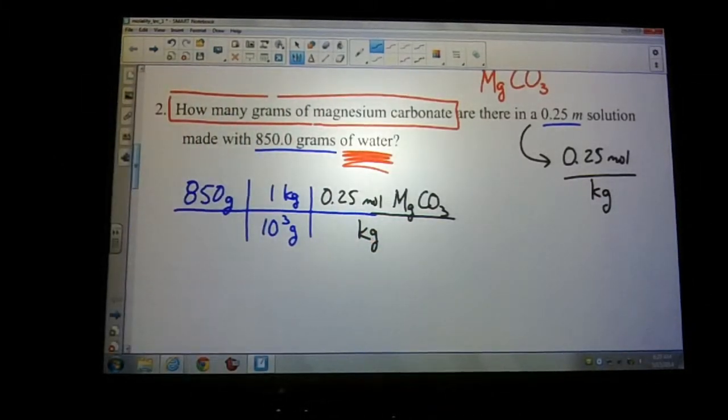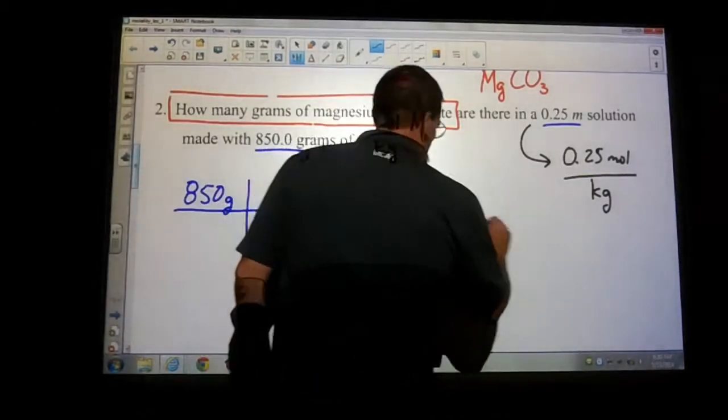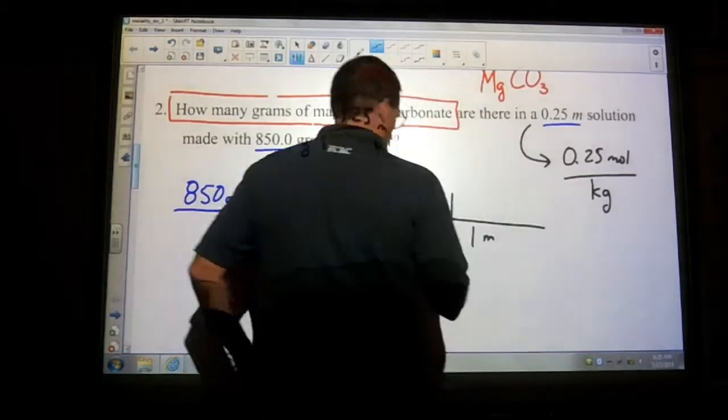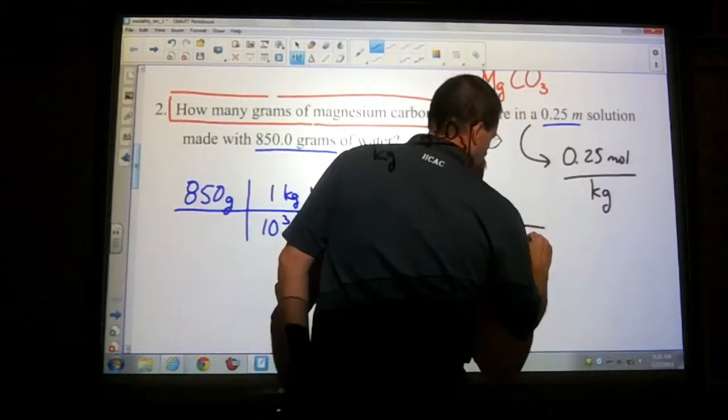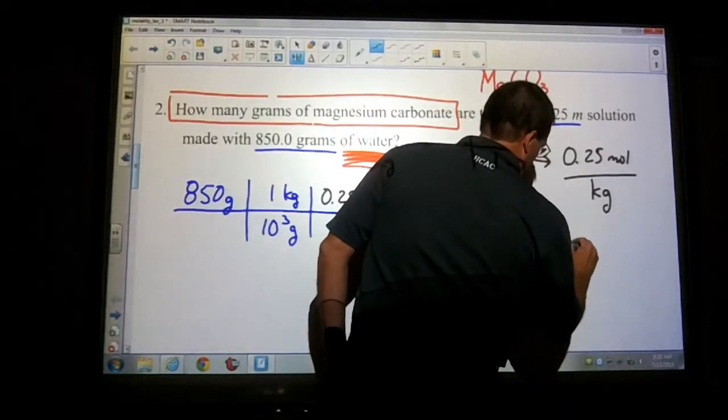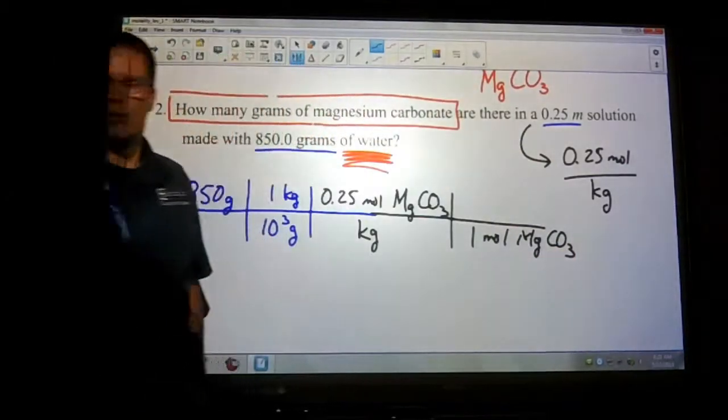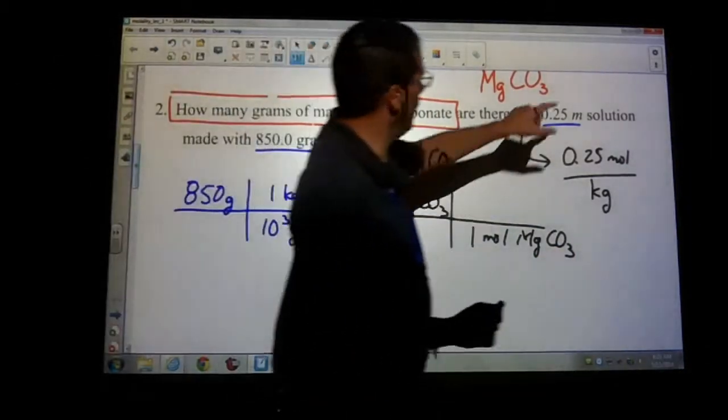But the question wants to know what? Not moles, but grams. So how do I get the grams from here? Do your mole. So 1 mole of magnesium carbonate, and then go to the periodic table. Let's find out what these things weigh.